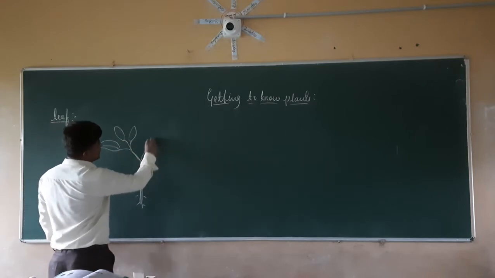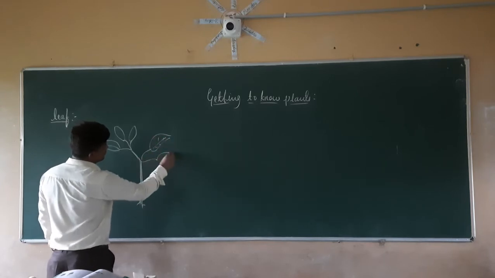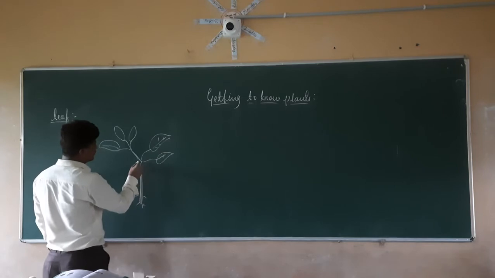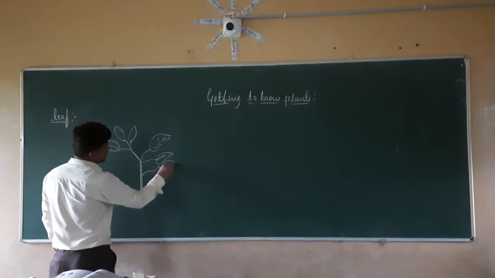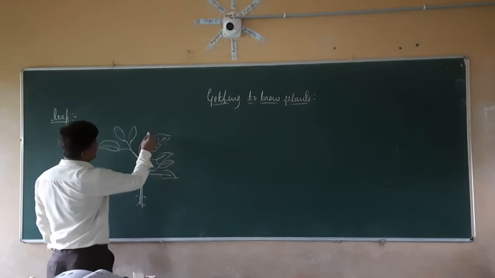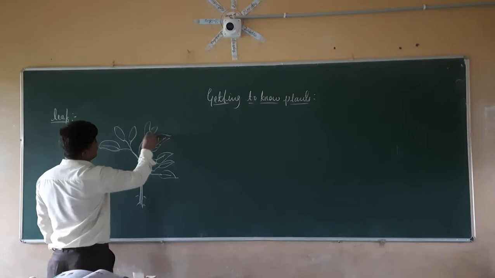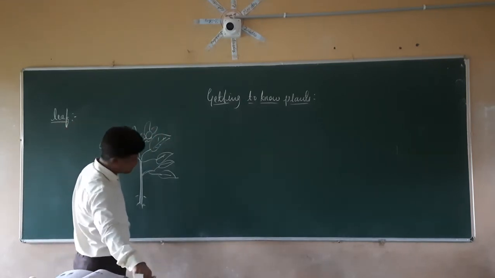Another branch will be present here like this, and it is going to have its leaves. So here it will be a branch, here will be the leaves, here will be the leaves, and here it will be a flower.